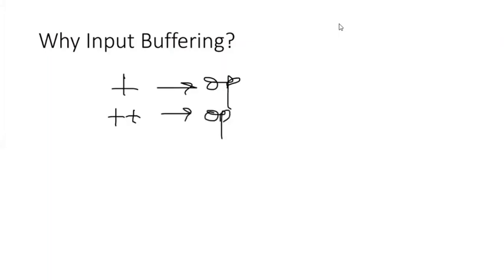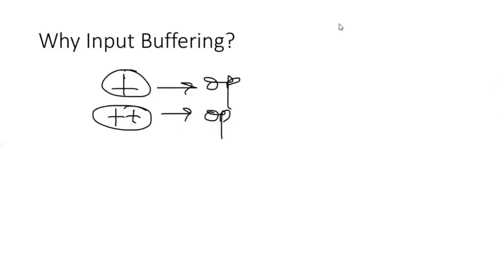So by simply looking at one character, I cannot say that this is a particular lexeme, because both are valid lexemes. So I need to look at more than one character at a time in order to find out to which lexeme or token class it belongs. And for this, I need to read more than one character of the source program at a time.